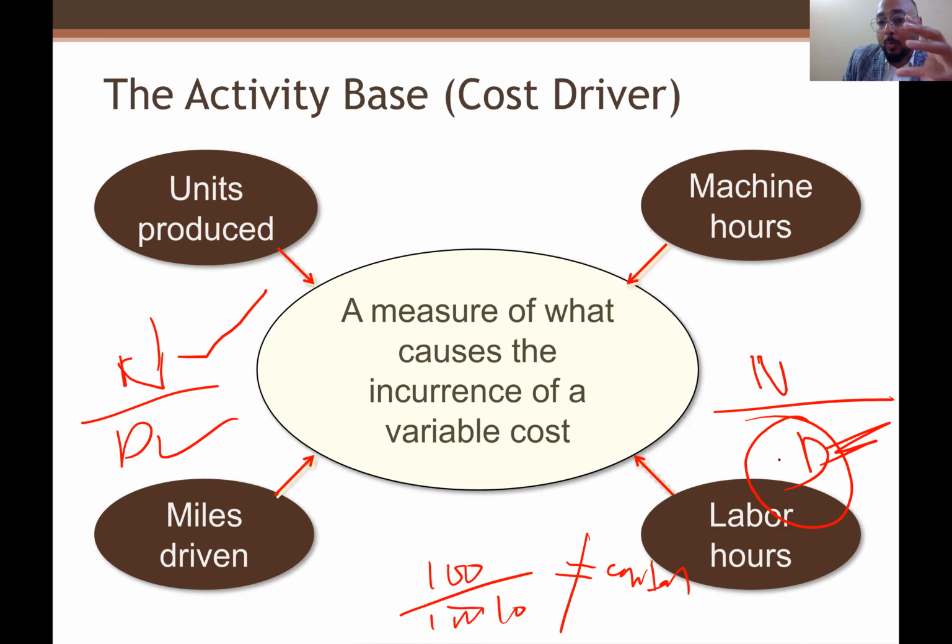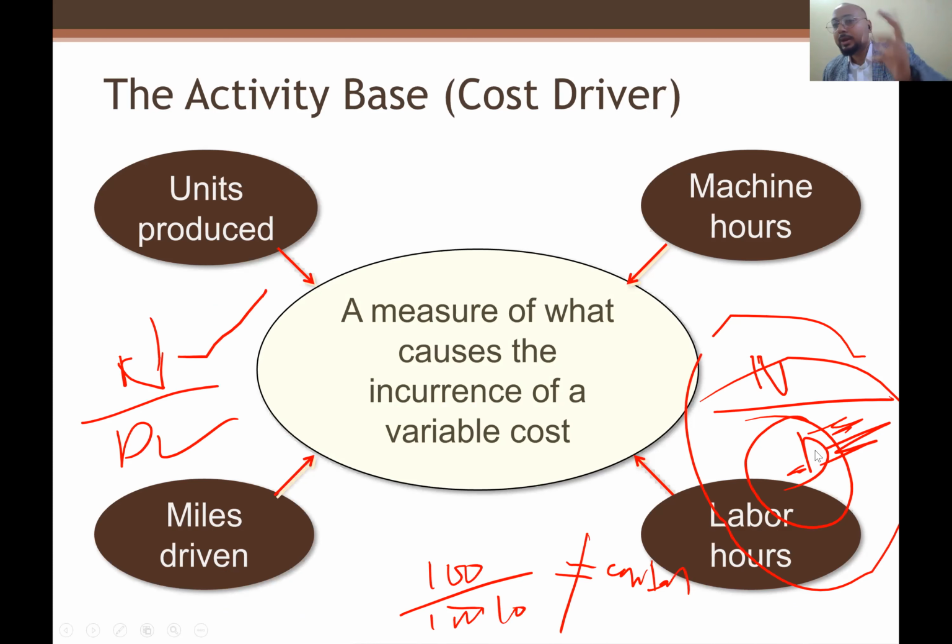What are the causes of this cost to change or remain fixed? In mathematical terms, the ratio is divided by the denominator. So in a simple sense, the cost driver is called the denominator. If the denominator is changed, the ratio changes, and the behavior changes.